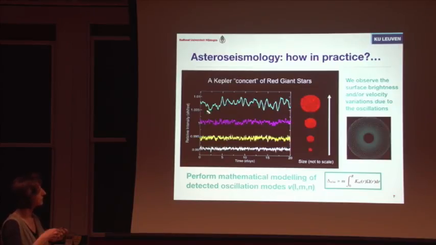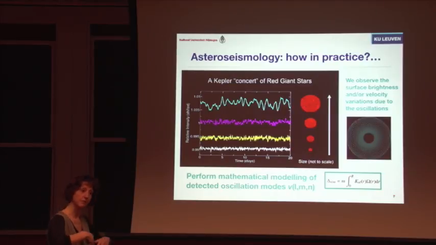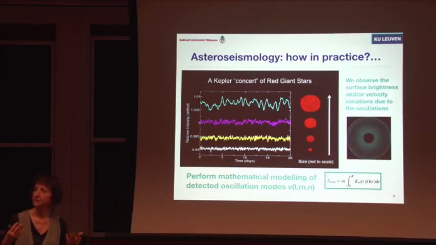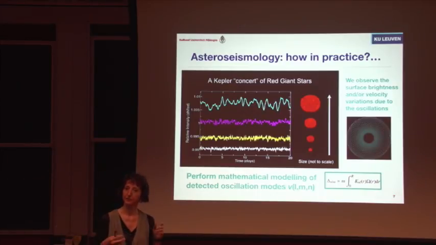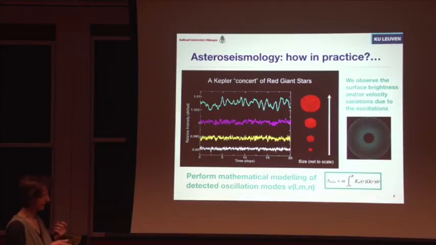This goes up and down much faster than this, which is a very slow wave pattern, because the sound waves travel through a big star, right? So by measuring these frequencies, you immediately get a grasp on the size of the star. And sizes of stars are connected to ages of stars in a certain way. So this already gives you a feeling that we can somehow deduce stellar ages.